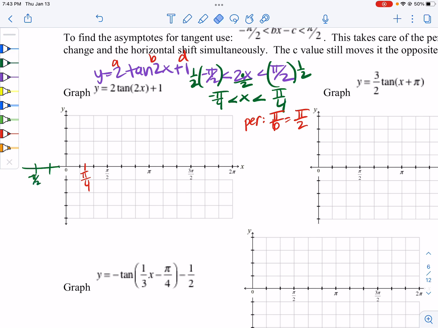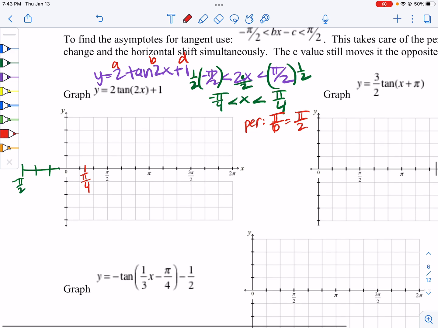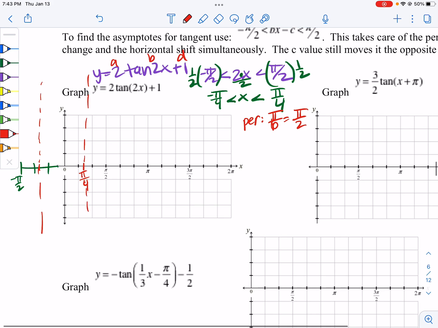Just kidding. So I'm going to do one more, and then that's negative pi halves. So then our asymptote is going to be at negative 1.5 here. So there's our asymptote, and here's our asymptote. So that's negative pi fourths.